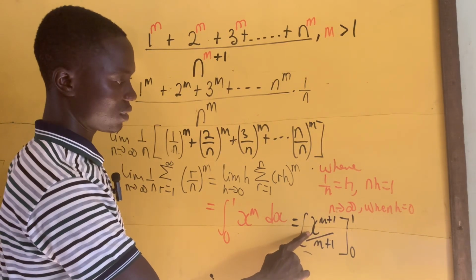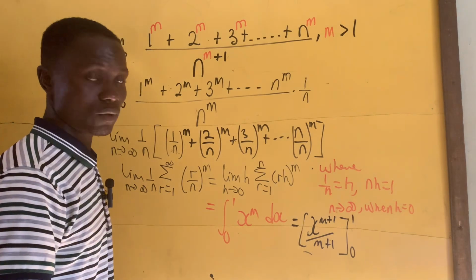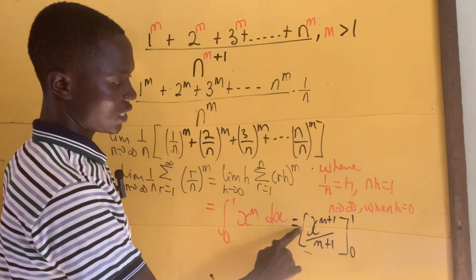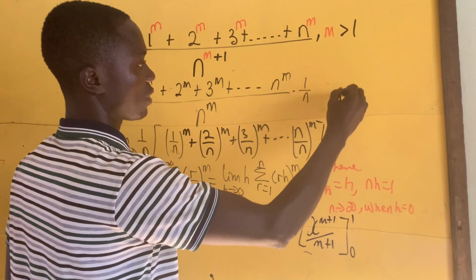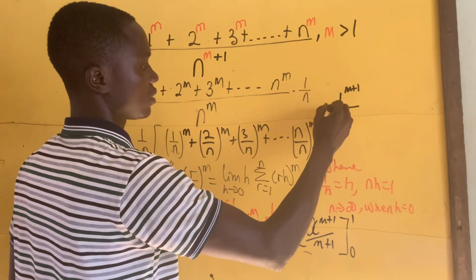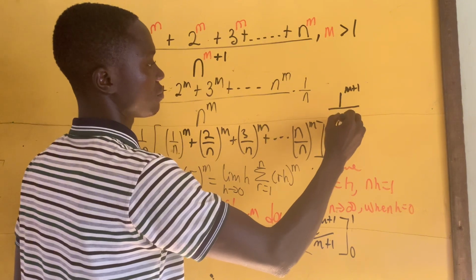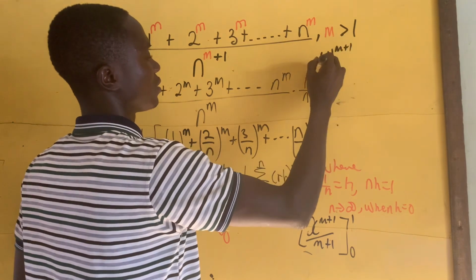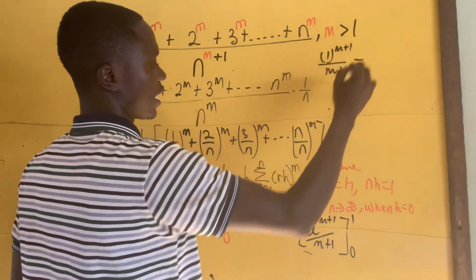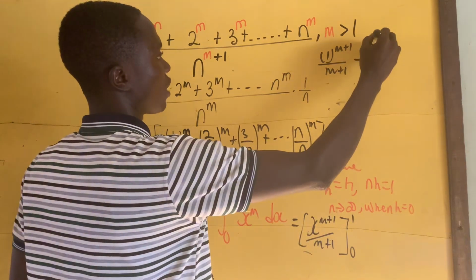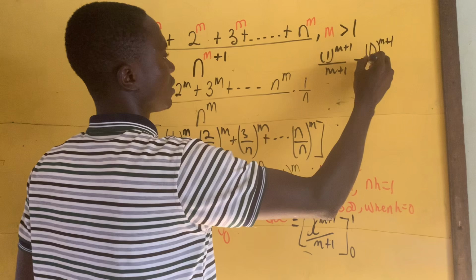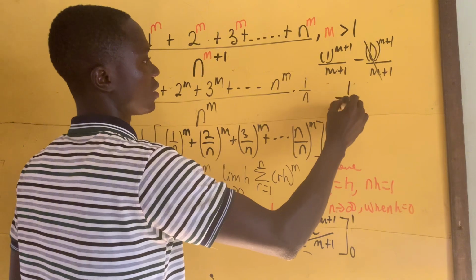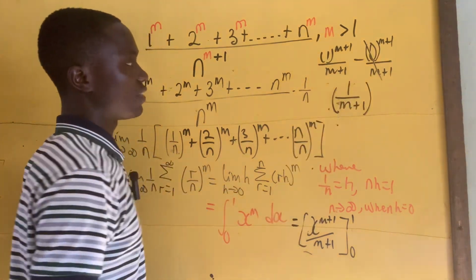I'm going to get 1 power m plus 1 divided by m plus 1, minus, if I put in 0, 0 power m plus 1 divided by m plus 1. So this will be 0 and this will be 1 divided by m plus 1, in a very simple way.